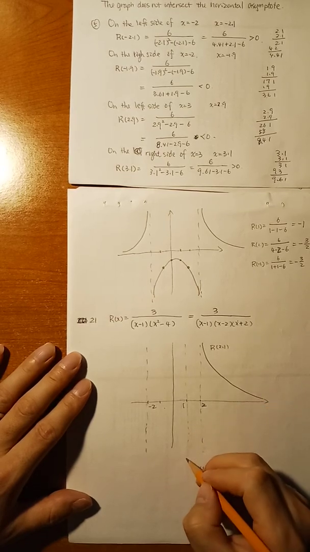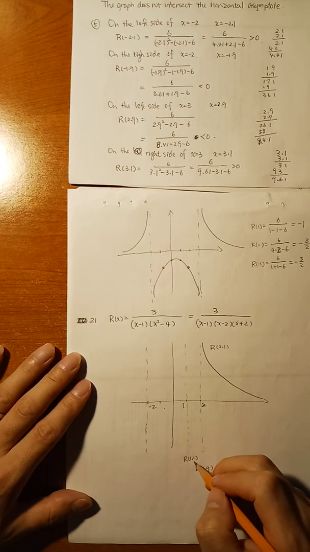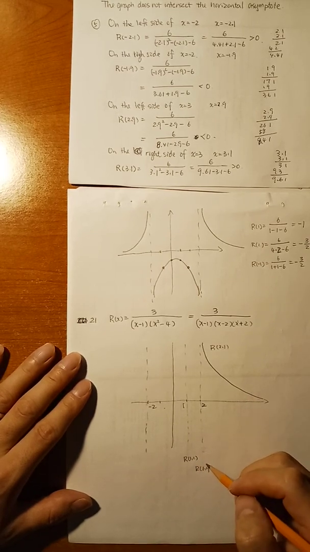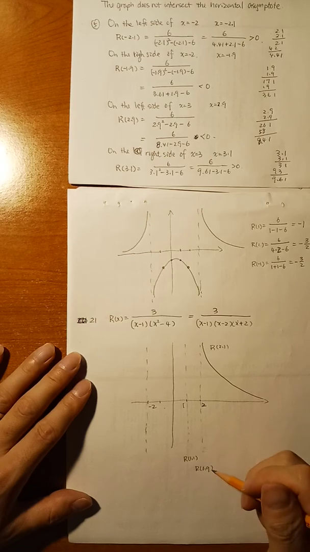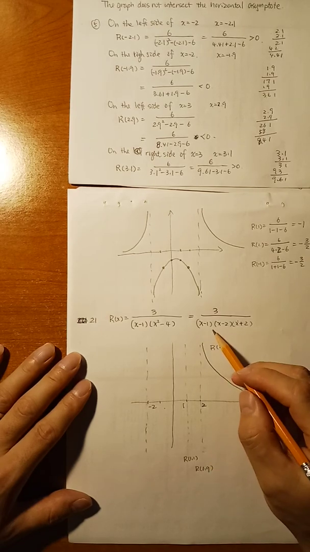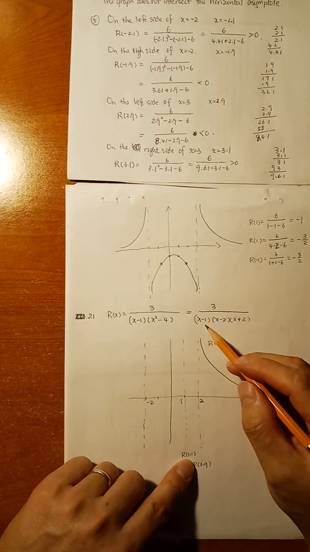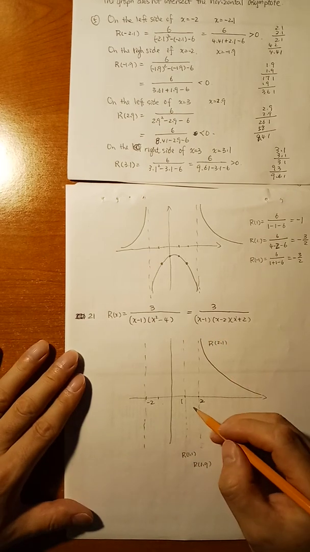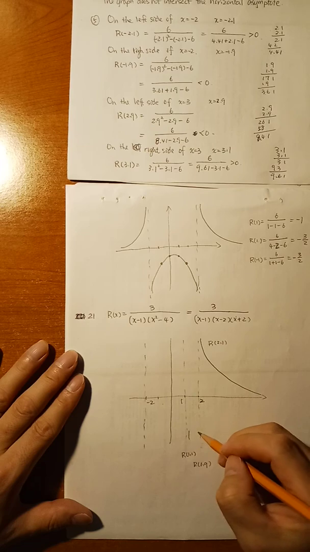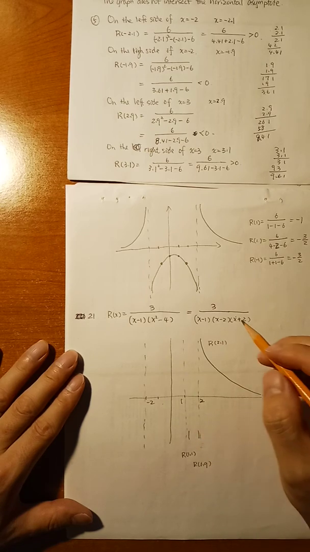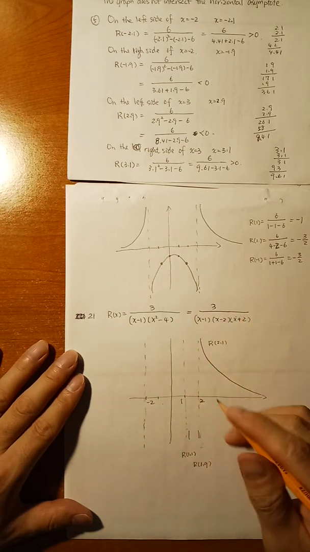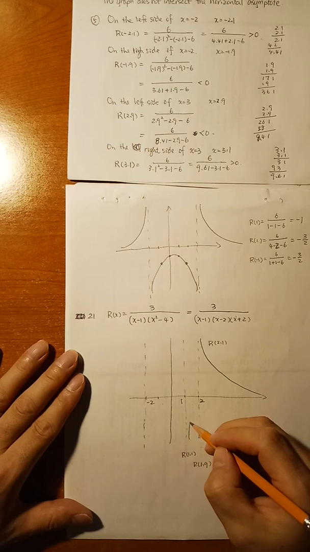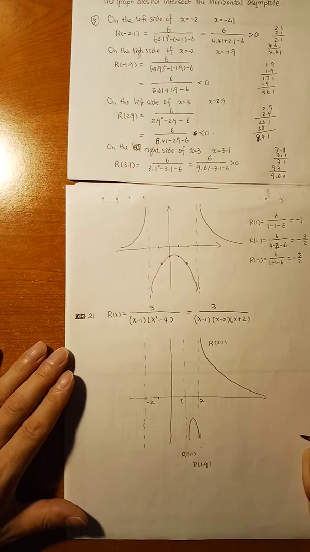And if you check R of 1.1, you will see it is still negative, right? You check the evaluation at x equal to 1.1, and you will see it's negative. So it has to be this way.